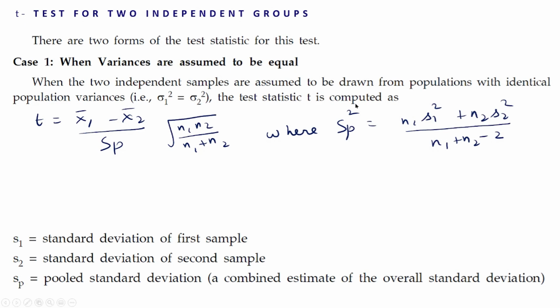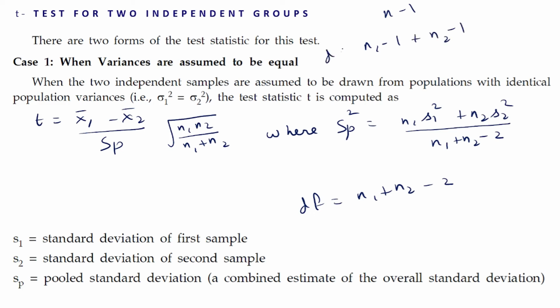Now in this t-test for two independent groups, the degrees of freedom is given by N1 plus N2 minus 2. In one sample t-test, we had N minus 1 degrees of freedom. Here for the first sample we have N1 minus 1, and for the second sample we have N2 minus 1.